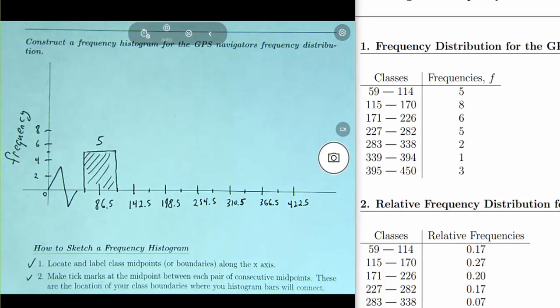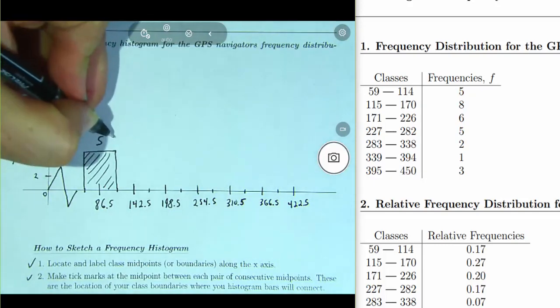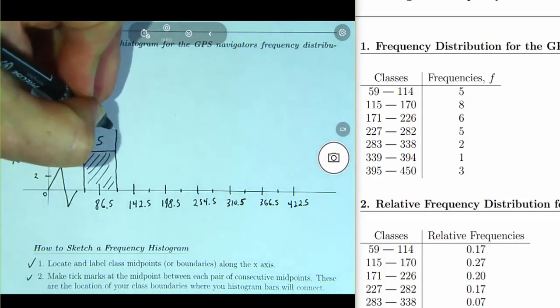Second class has a frequency of 8, so we want to draw a bar whose height is 8, and that bar needs to be centered around the second class midpoint.